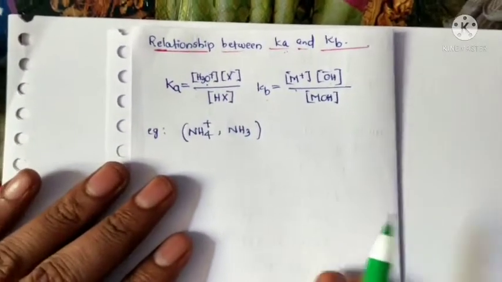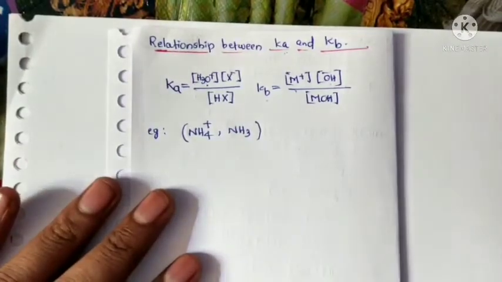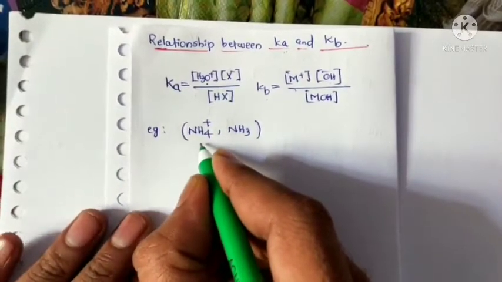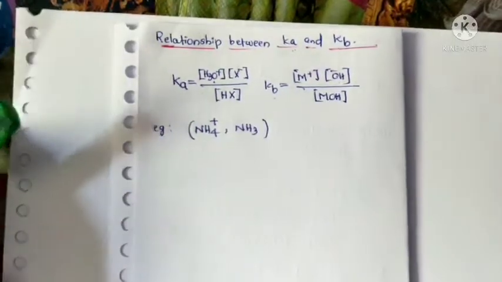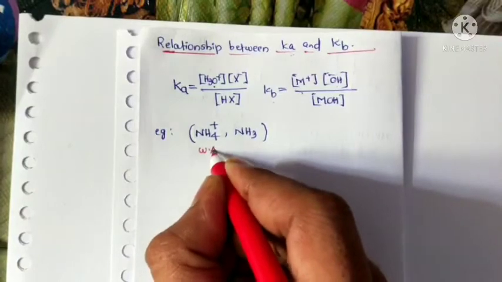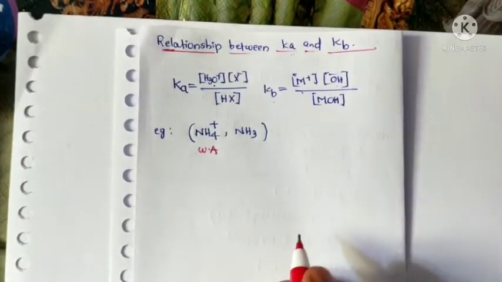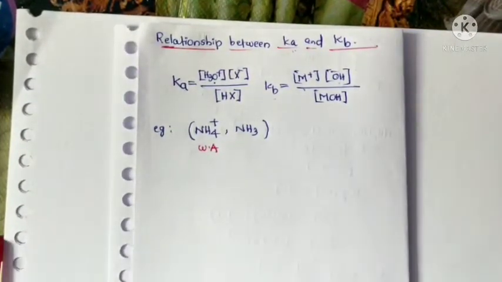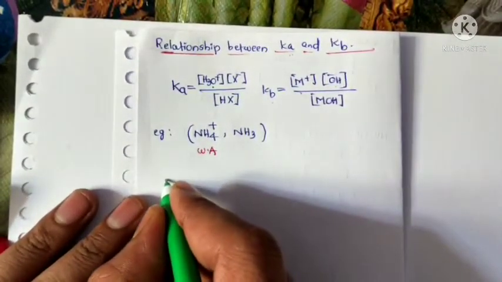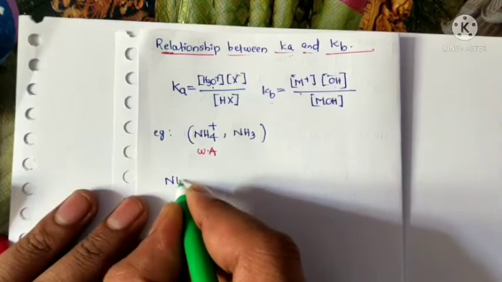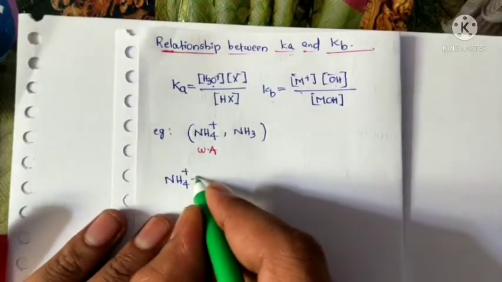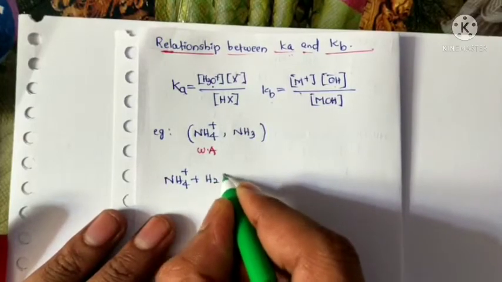First of all, we take the weak acid, and discuss its dissociation. Dissociation means it is dissolved in water.